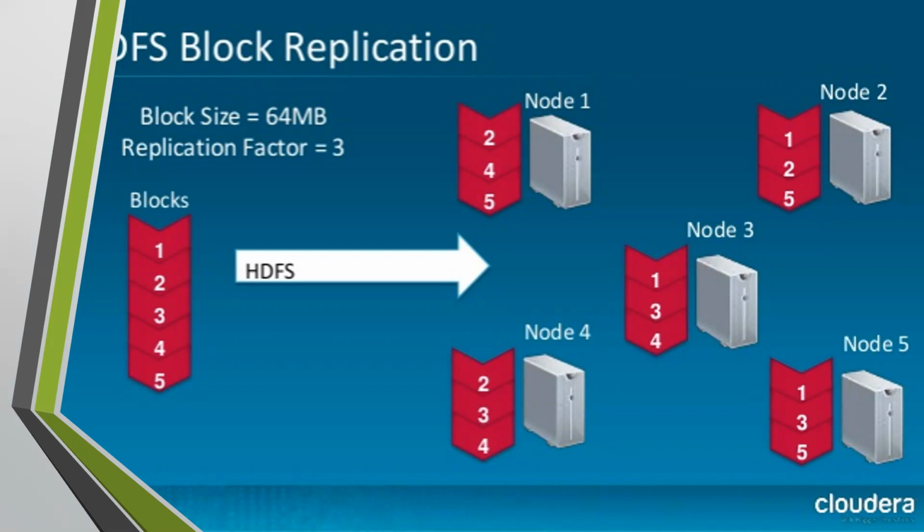Based on the replica factor, there would be two more nodes holding a copy of those blocks. Here, there's block 2 in node 2 and block 2 in node 4. For block 4, there's block 4 in node 3 and block 4 in node 4. Block 5 is stored in node 2 and node 5.